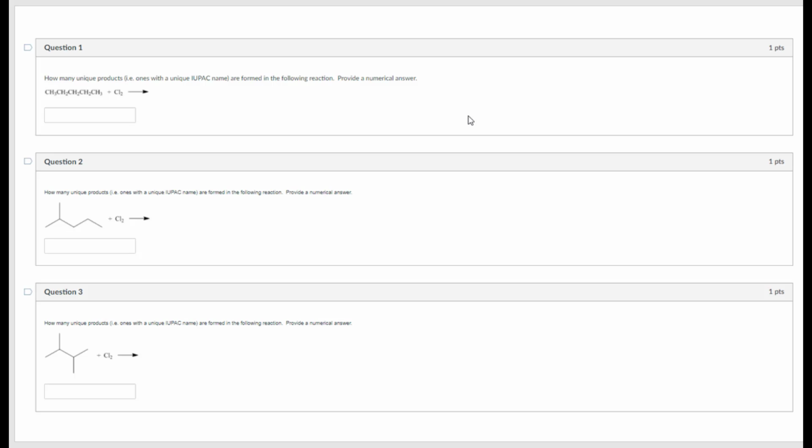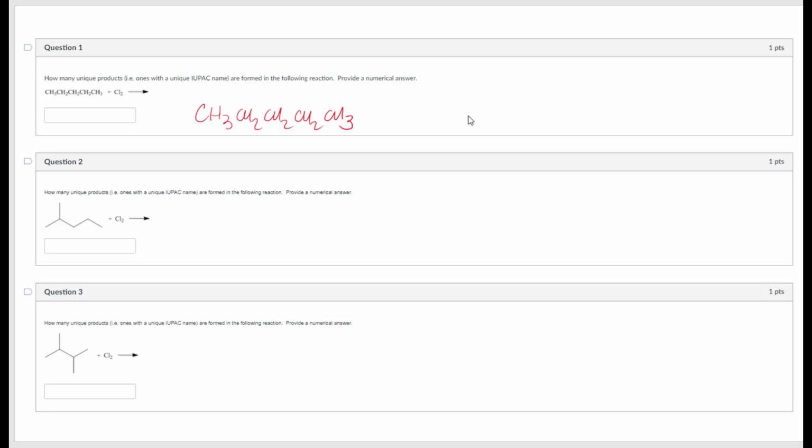I've got pentane. I'm going to rewrite this a little bit bigger. So I've got my pentane molecule, and the question is how many unique products do we get?